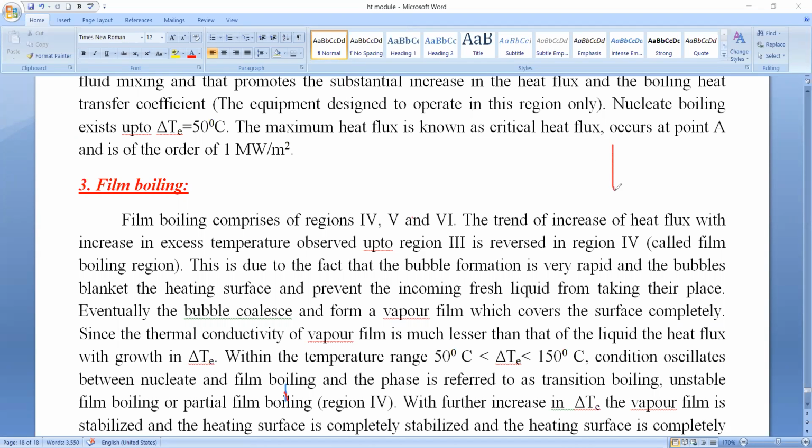So look at here carefully. This is a water tank, or water, metallic water bath. Now this is a heater, metallic heater.